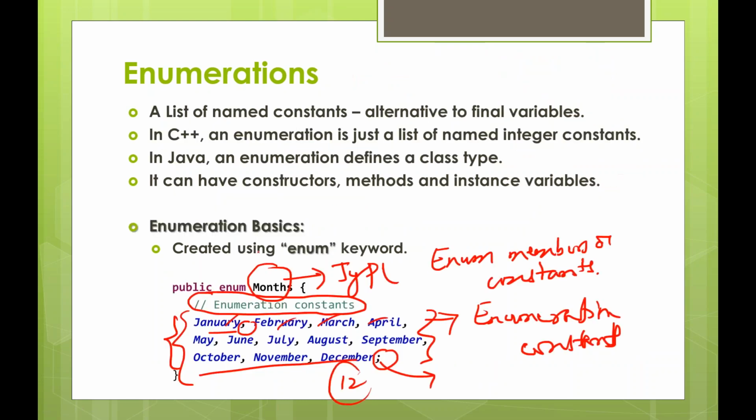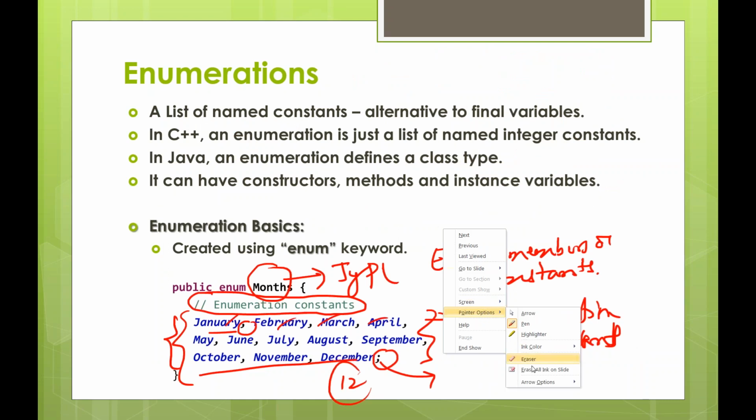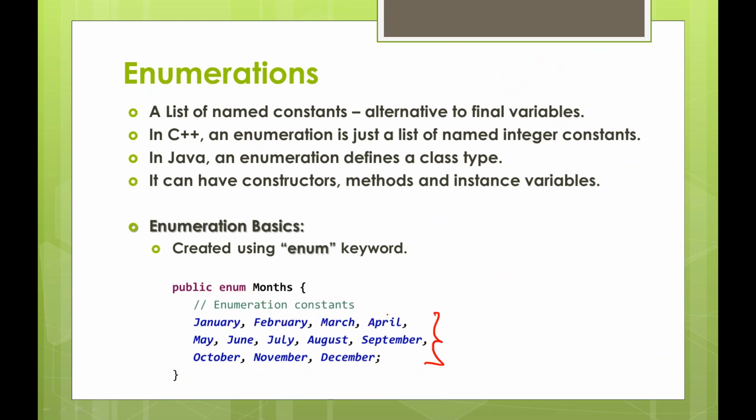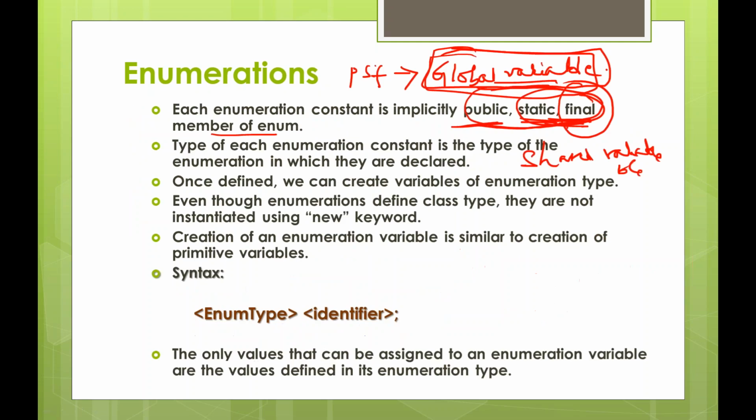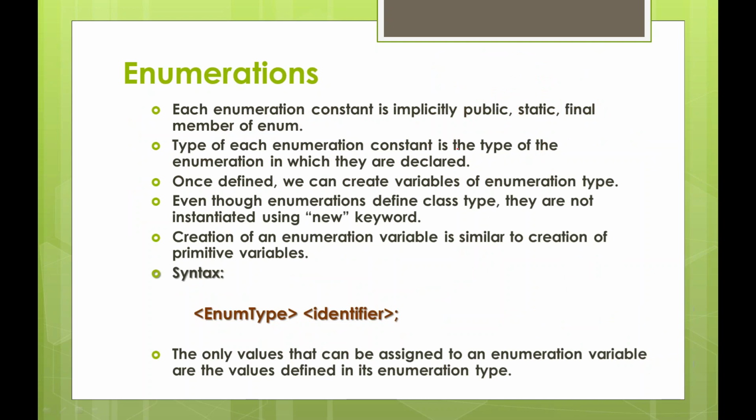We have declared an enumeration here, and these are all constants. The type of each constant is the enumeration type itself.